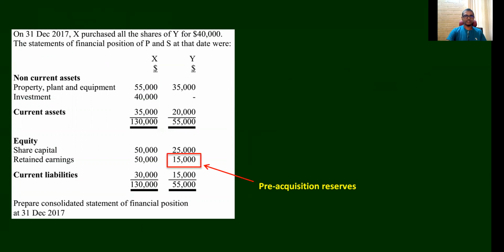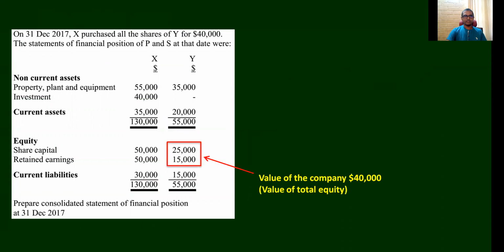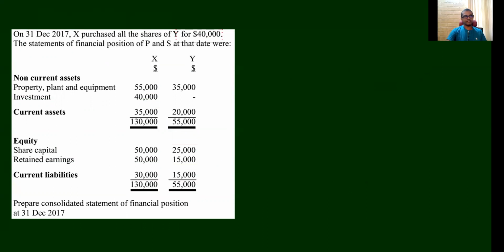Pre-acquisition reserves of the subsidiary Y company. Value of the company, in this case it is 40,000. Again you can see X has paid 40,000 to acquire Y, right? That's shown here with this relationship. 40,000 investment, 40,000 value of the company gets cancelled off, as I explained earlier.